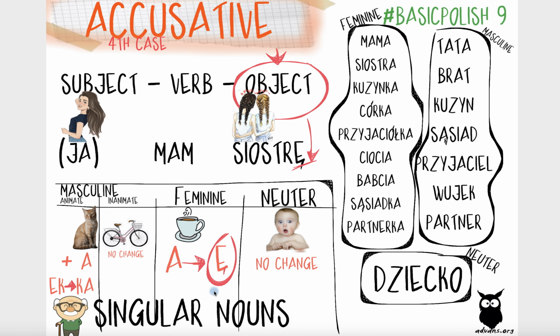This is what I meant by half there and half there, the strange behavior. So yes, this is a masculine noun, but it ends with a, and because of that ending, I need to change that into ę. But I want you to remember that it's masculine. So in order to say I've got a dad, you would say mam tatę. Once more, mam tatę.